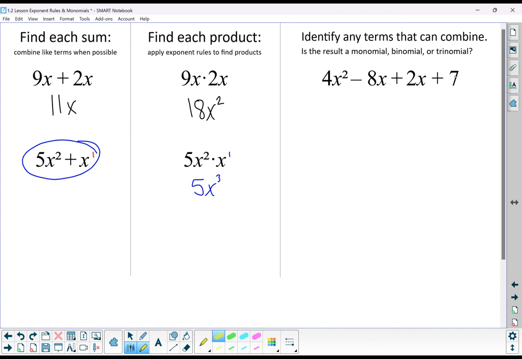And then the last one doesn't have any x's. So the two that are alike that I can combine are these two. The other ones aren't alike and can't combine, so they will just stay in my answer. So I have 4x squared. When I combine these, I get negative 6x plus 7. And remember, when I add together that negative 8x and the 2x, it doesn't change any of the powers. I'm just combining those two with the new coefficient.